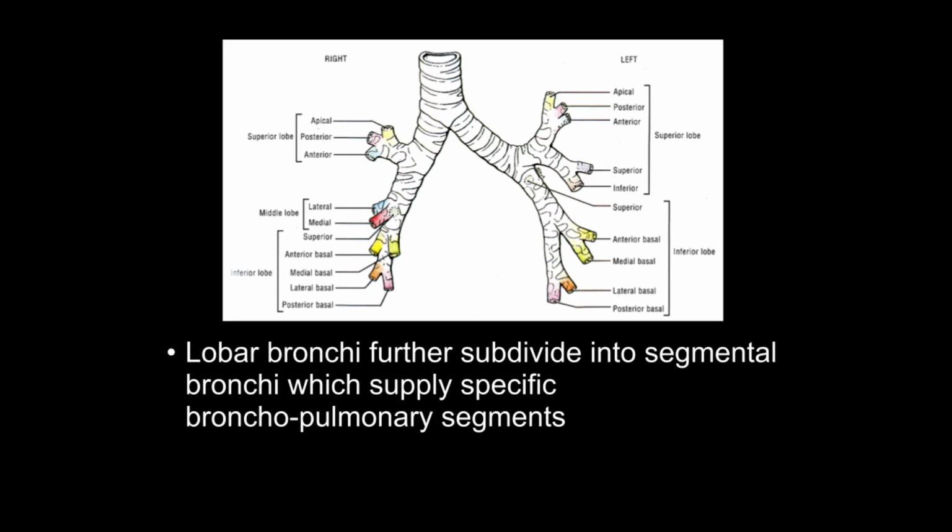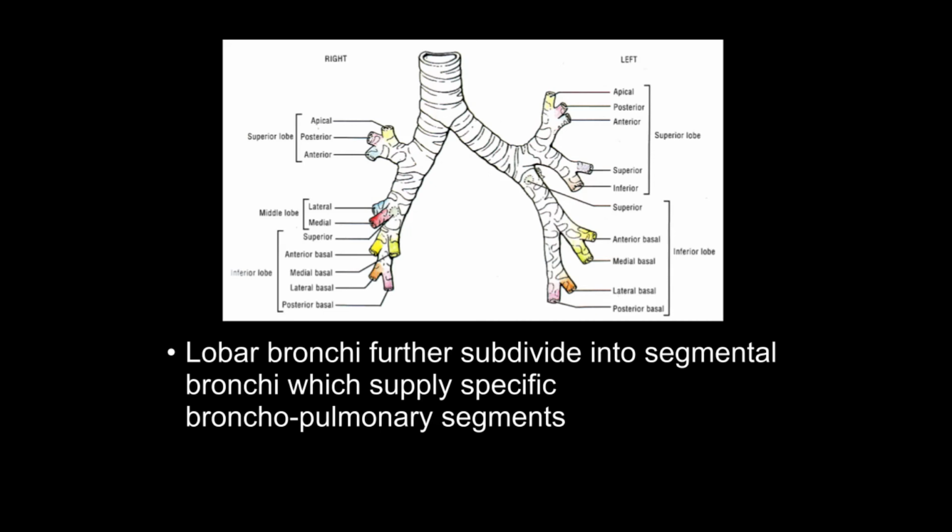So just looking at it here, since both lungs have superior lobes, both lungs will always have an apical bronchopulmonary segment, a posterior, and an anterior BPS. But since there is no middle lobe on the left lung, there will be an additional superior and inferior segmental bronchus for the BPS on that side.